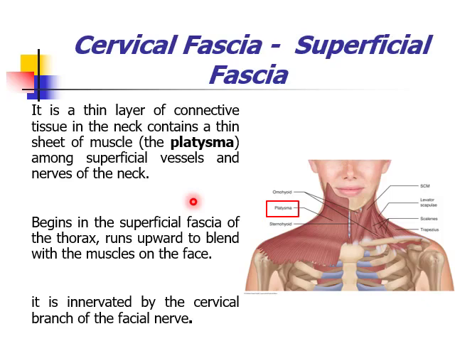The muscle called the platysma is a superficial muscle present in the superficial fascia. It gets its origin from the superficial fascia in the thoracic region and runs upward to blend with the muscles of the face. This muscle, the platysma, is innervated by the cervical branch of the facial nerve.